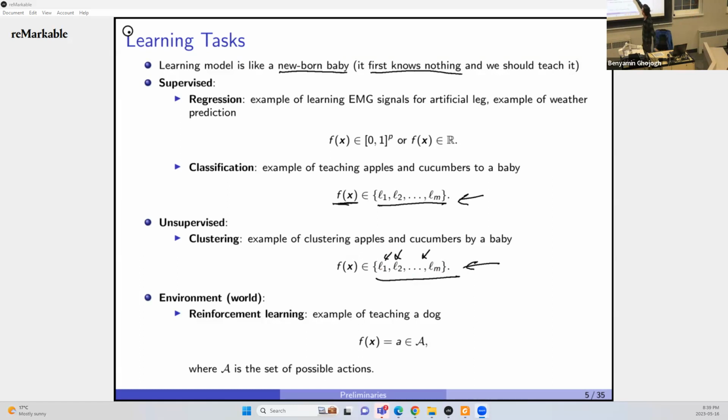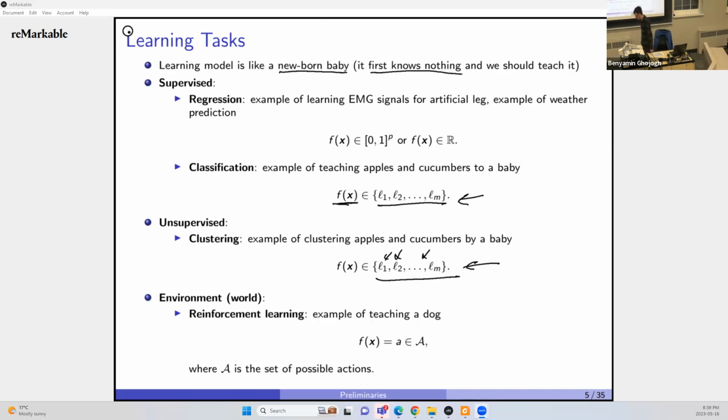Now, regression. So we talked about classification, clustering, regression. Assume I want to have an artificial leg. So assume my leg is cut and I will have an artificial leg. I will bring someone with a healthy leg. I will measure the EMG signals, the signals of the muscle.